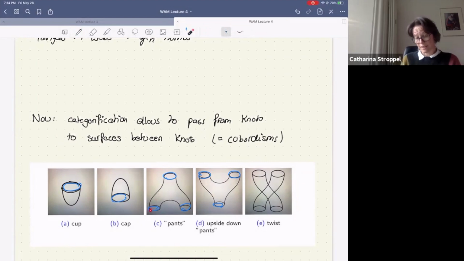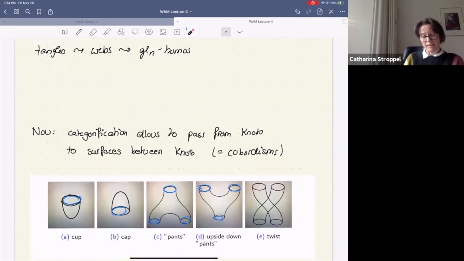So a cobordism is something which goes between these trivial knots. And when you do this categorification, this is possible because categorification turns a knot into a functor, and you can go via natural transformations between functors. So one might ask the question, can I assign to such cobordisms a natural transformation?